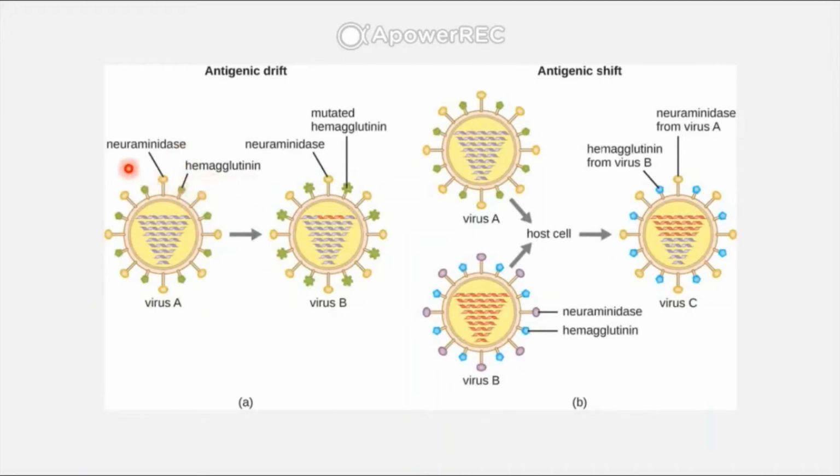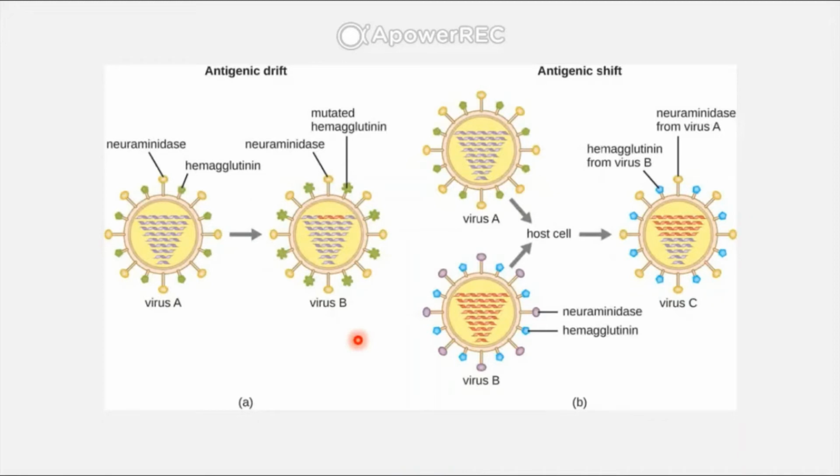So here we have, in a virus, neuraminidase and hemagglutinin, and over time this hemagglutinin changes its shape. As we can see over here, here's a mutated version. So this new strain emerges. And this virus A then becomes, we're just calling it virus B here.